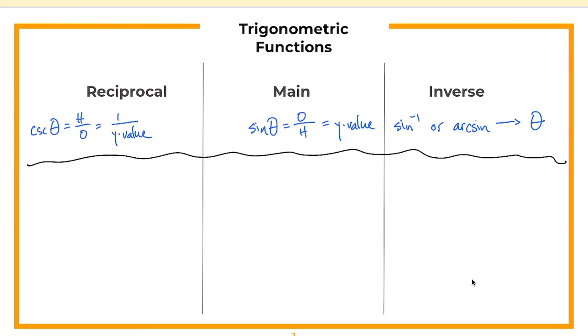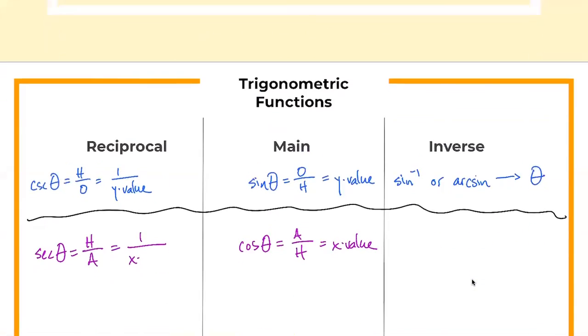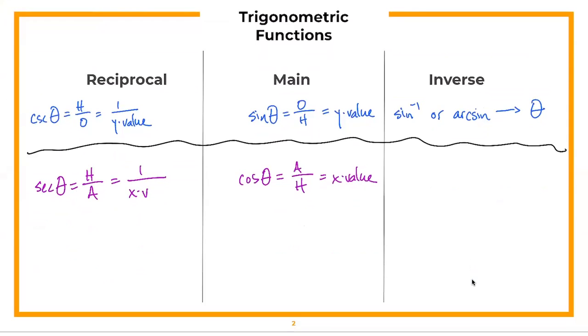All right, after sine comes cosine. And cosine theta is adjacent over hypotenuse, or it is the x value on the unit circle. Its reciprocal function is secant theta. So we can say secant theta is hypotenuse over adjacent, and it is 1 over the x value on the unit circle.